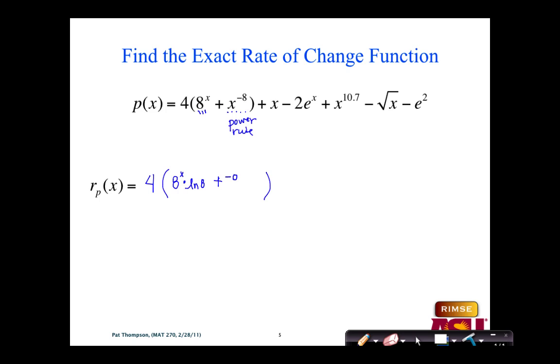Negative 8 times x to the negative 9th. Be careful with negative exponents. It's easy to accidentally add one to the power instead of subtract one. But this power is supposed to be 1 less than the original. And if you were plotting this out in advance, instead of writing plus a negative, you could also write subtract. Doesn't matter one way or the other.